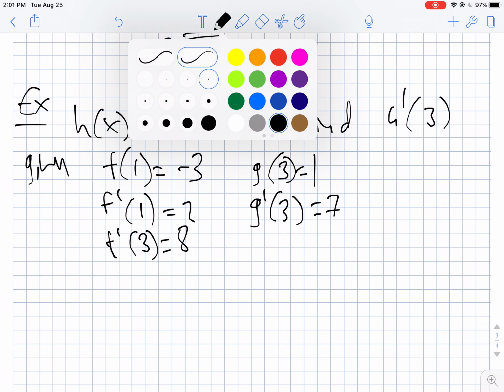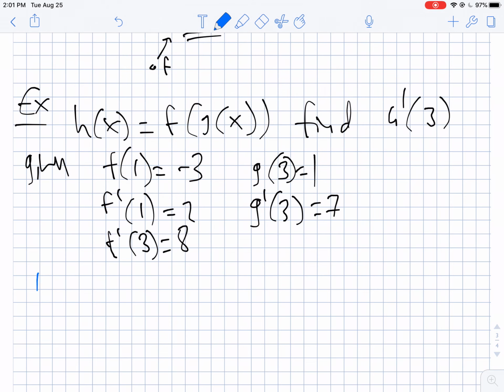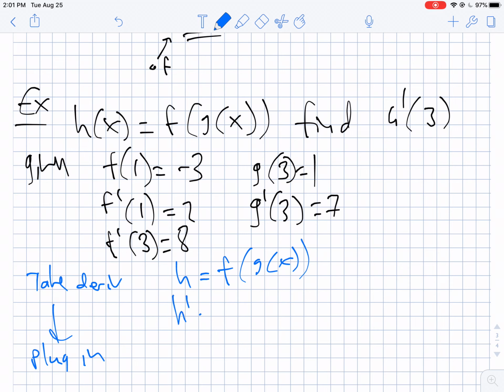Just like any other problem where you have derivatives, it's 2 steps. You need to take the derivative and then you need to plug in. So h equals f of g of x. When you take a derivative, h prime is f prime of g of x, and then you multiply by the derivative of the inside, so times g prime of x.